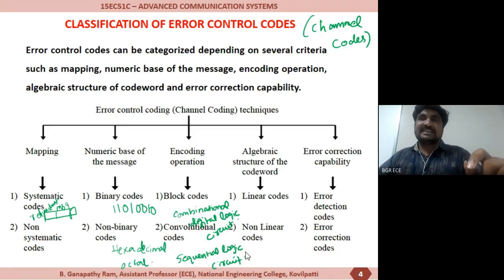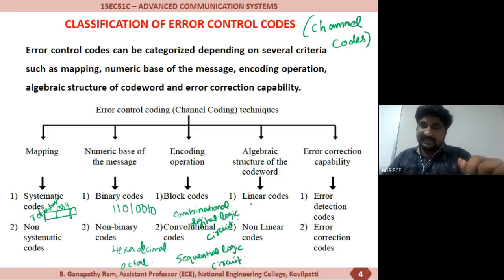Then based on the algebraic structure of the code word, the channel codes can be classified into two types, linear codes and non-linear codes. If you add two different codes, then it will produce a third code in the code word table.